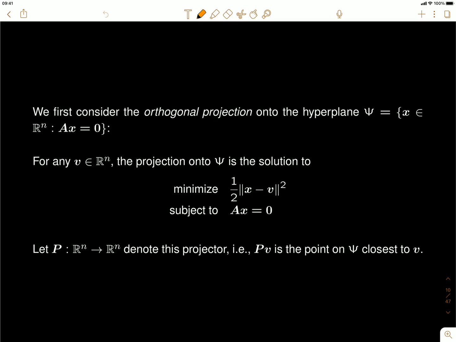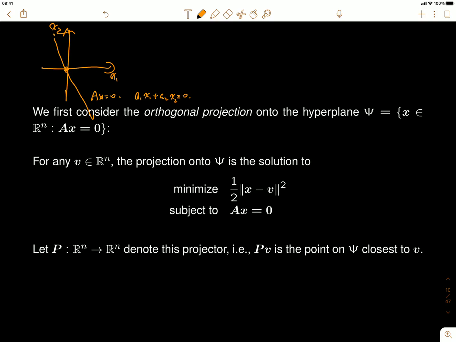What it looks like is, suppose we have n equals 2, so it's R2 space, with x1, x2. Then Ax equals 0 will be just some subspace passing through the origin. More specifically, this just means that a1 x1 plus a2 x2 equals 0, and you know that this is just a line passing through the origin.